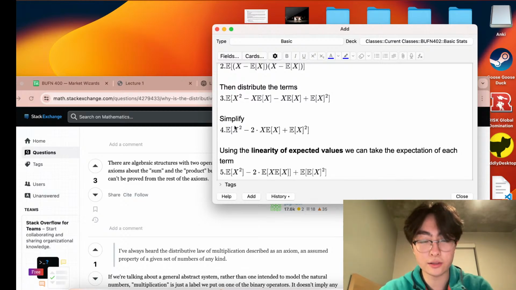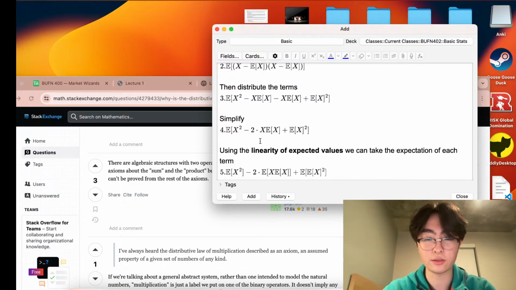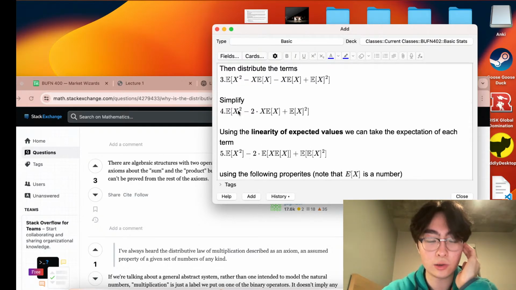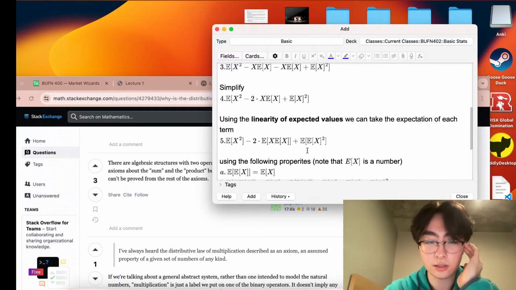In this form right here, we have three different, I guess you could call random variables or constants. That's where we can use the linearity of expected values to transfer something that looks like this to something that looks like this. So we've taken the expected value of all of these random variables and all of these constants.